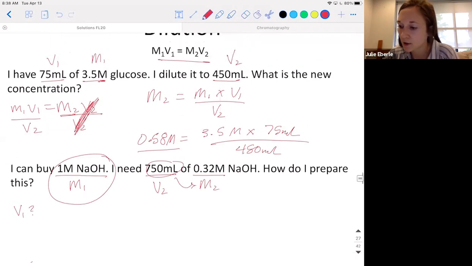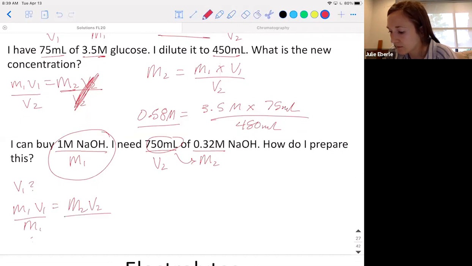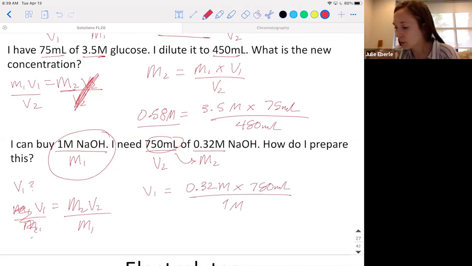So let's rearrange our equation. We know M1 V1 equals M2 V2. We're looking for V1, so we divide both sides by M1, and it cancels out over here. So V1 is equal to 0.32 molar, that's M2, times V2, which is the 750 mL, divided by 1 molar.